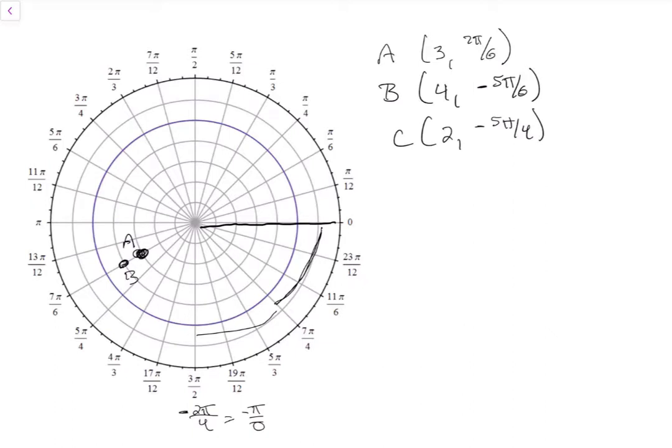And then we have negative 3π/4, negative 4π/4, obviously is negative π, and then we have negative 5π/4. So we're coterminal with the angle measure of 3π/4, and then we want to go 2 radial units along that angle, and that's going to put me right here, and there is point C.